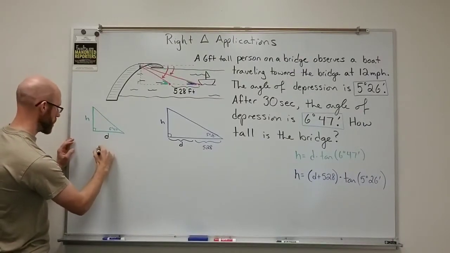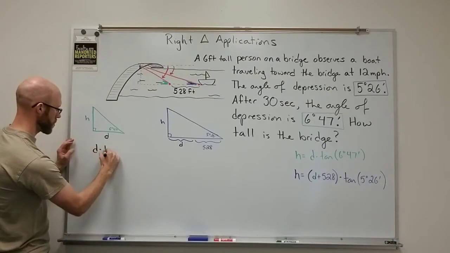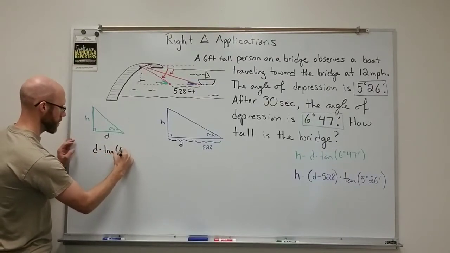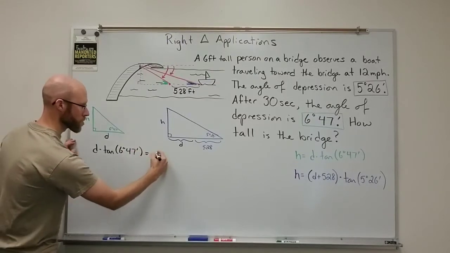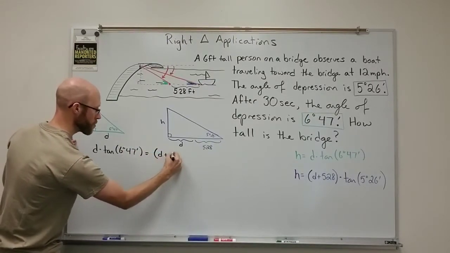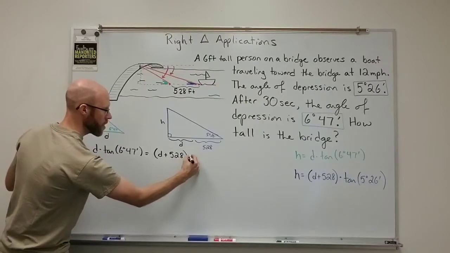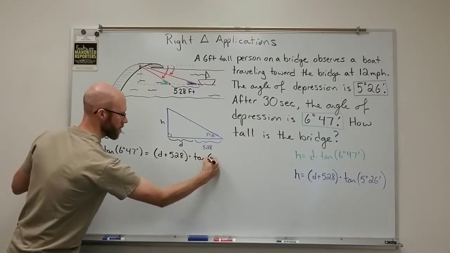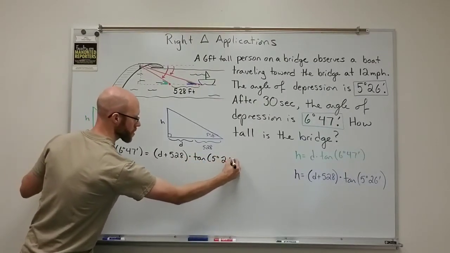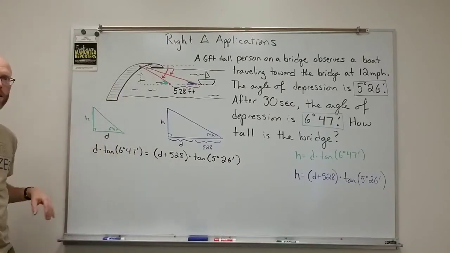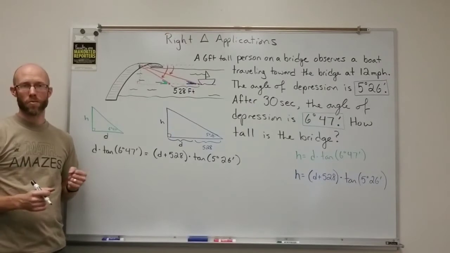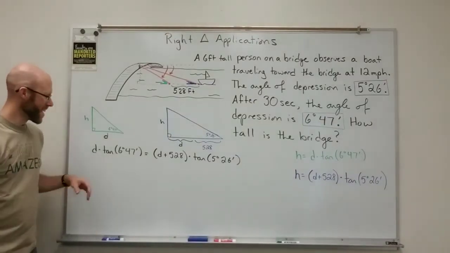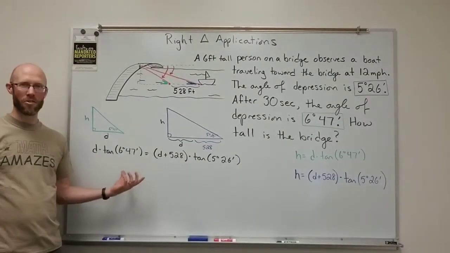So let's see, d times the tangent of 6 degrees 47 minutes is equal to d plus 528 times the tangent of 5 degrees 26 minutes. Okay. Well, I will say this is one of the longer and more difficult problems that you'll see. Okay. Now we've got to solve for d.